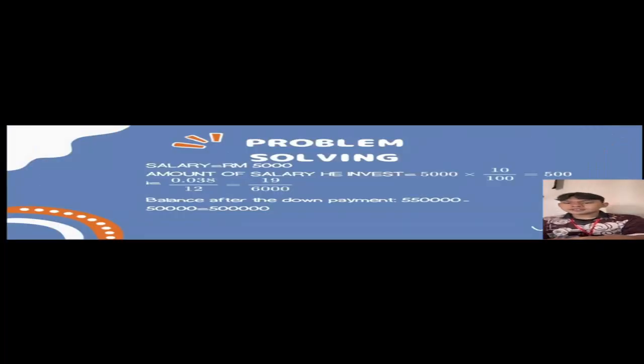So, we need to solve the problem first. The salary he gets for his monthly income is 5,000. So, the amount of salary he invests is 5,000 times 10% equals to 500. Then we have to calculate the balance after the down payment: 550,000 minus 50,000 equals to 500,000.